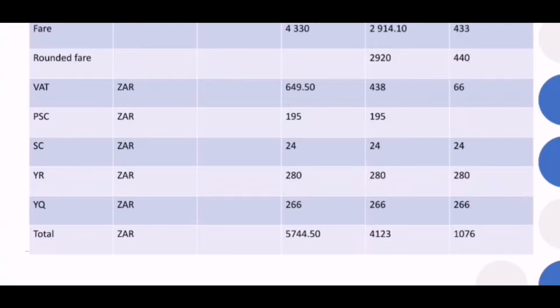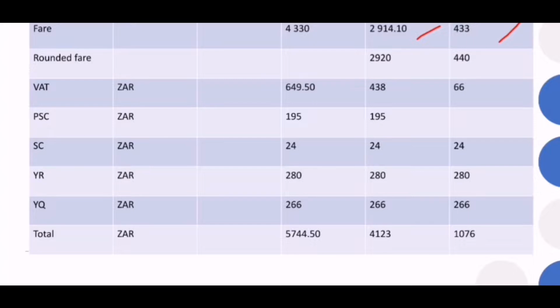So we then add up from the top, we add up all the amounts that we charged for each sector, and then after adding them up, they then come into each box. So this is the total amount you're going to be charging for the adult, then this is the total amount you are going to be charging for the child, and this is the total amount you are going to be charging for the infant.